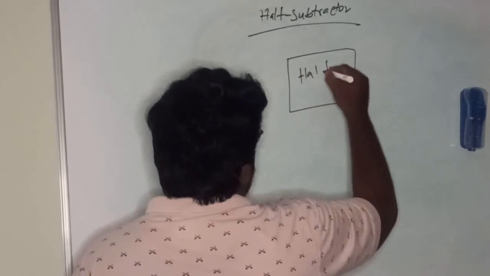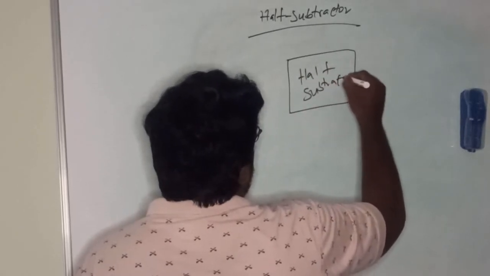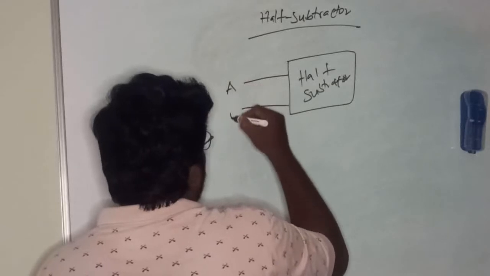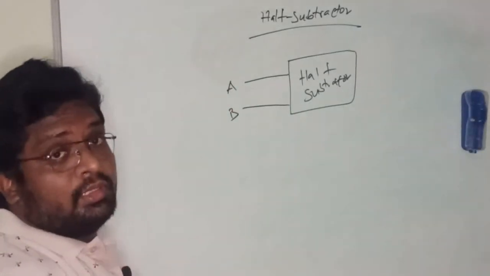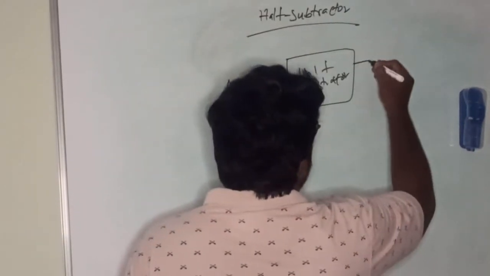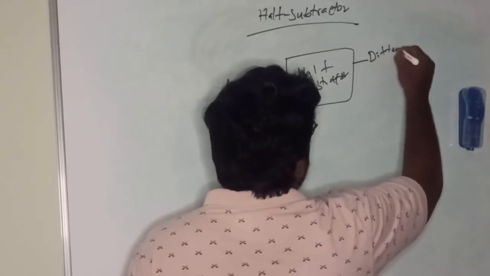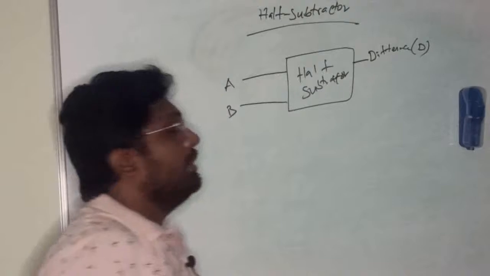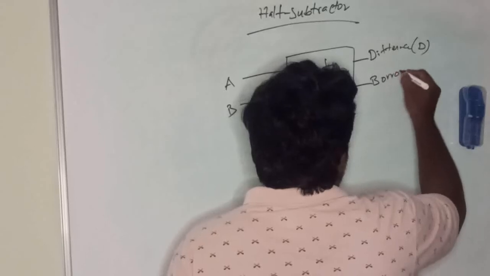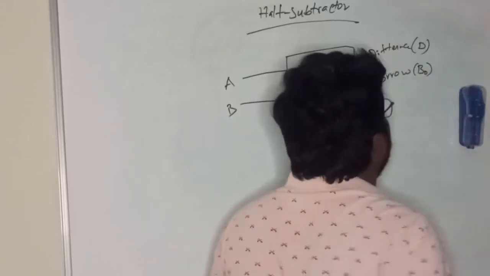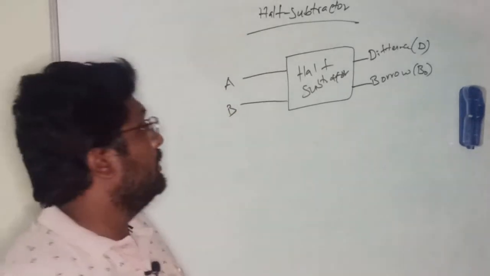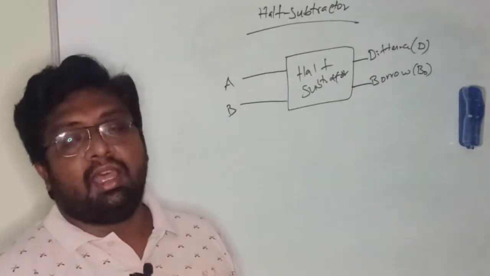It has two inputs, as it performs the subtraction of two binary digits, and two outputs: the difference, which we will represent with D, and a borrow, which we will represent with B naught, so as not to confuse it with the input B. This is the block diagram for the half subtractor.